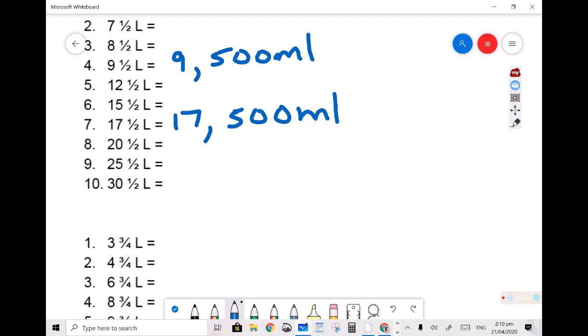If we look at the 3/4, it will be 3,750 milliliters.